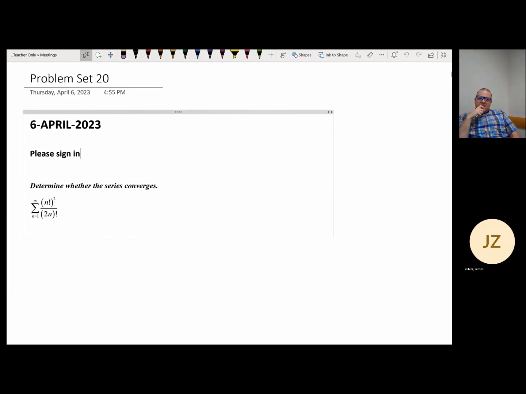If we look at something like this, it's not alternating, so those tests are out of the question.